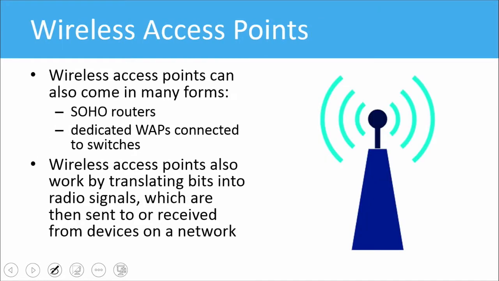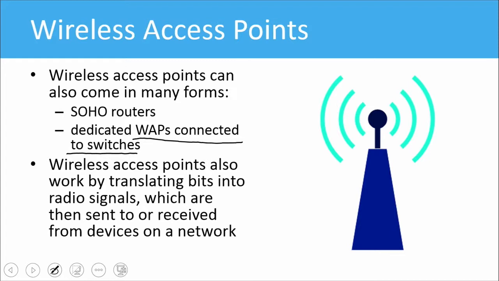Wireless access points can come in many forms as well. Oftentimes they're located in our home routers, our SOHO routers at our home office or small office. And wireless access points, like I had mentioned previously, I hate to hammer this down, but they're connected to switches. We do have dedicated ones that are specifically for the purpose of sending and receiving data in large organizations.